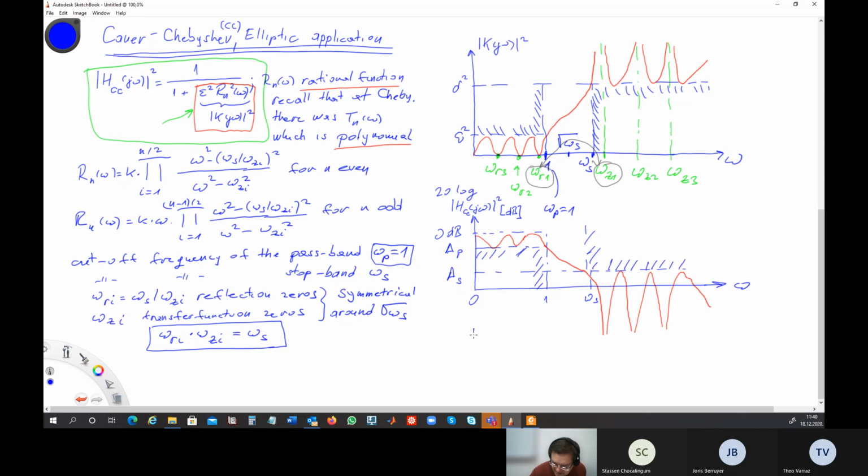If it is plotted like this, if the gain is from 0 to 1, then it will be very easy for us to show how it looks like. I will very quickly plot this also.